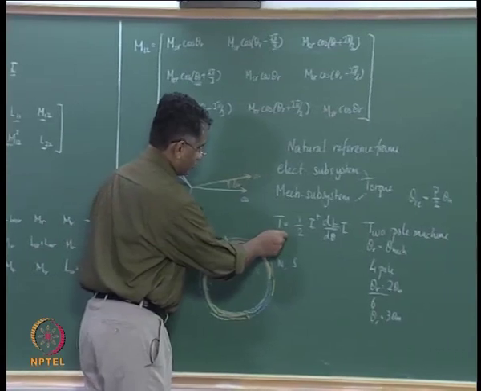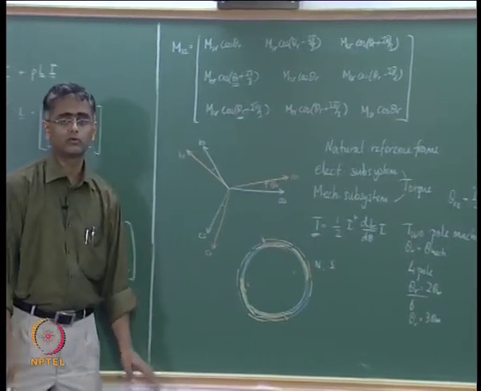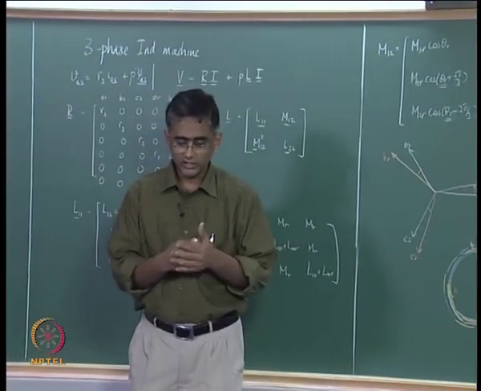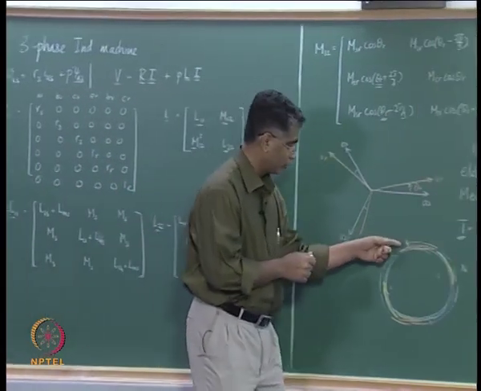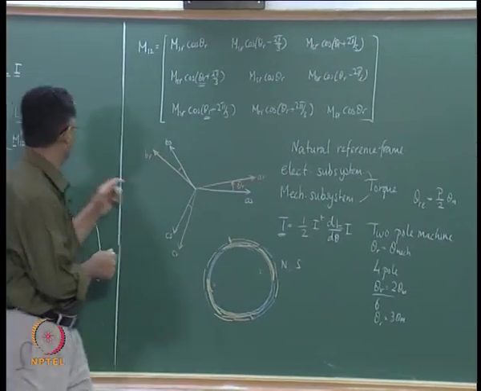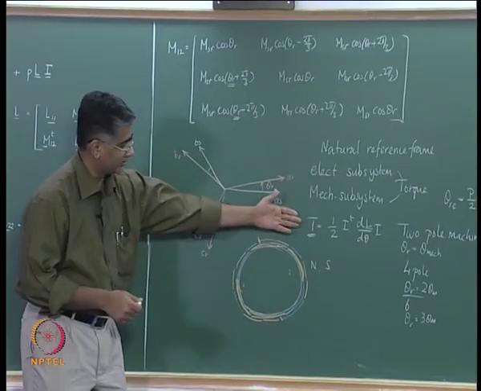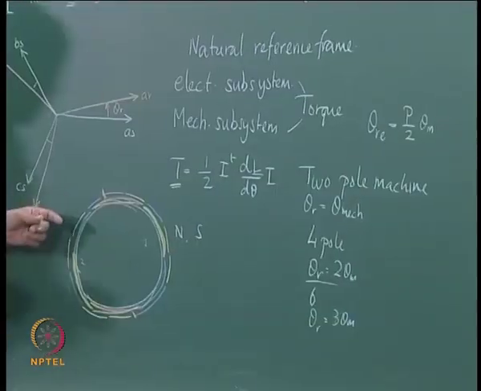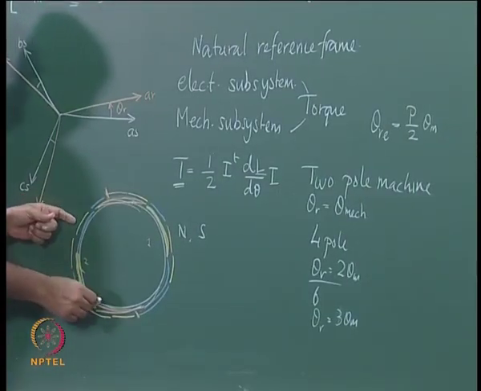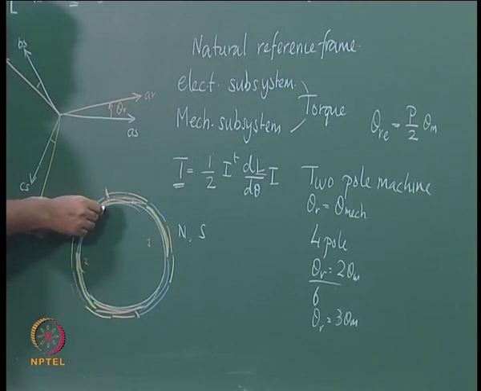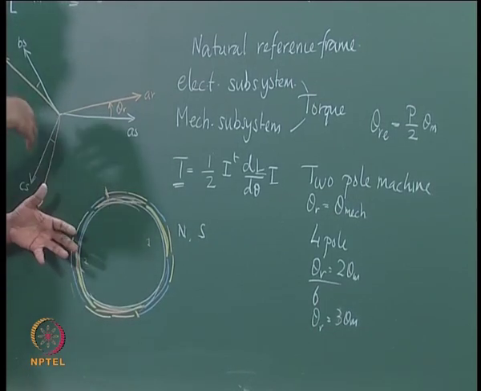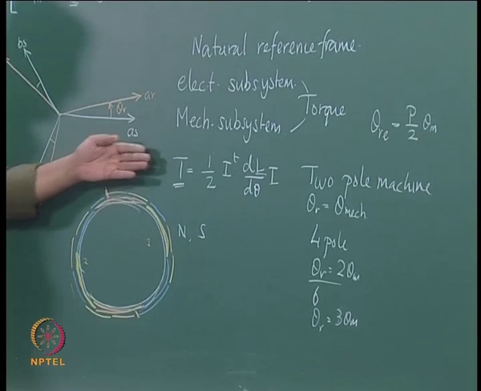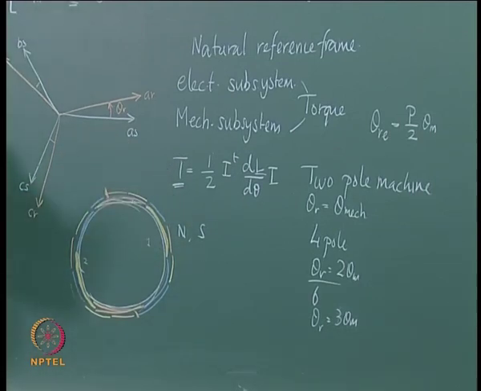What would happen to the expression for the generated electromagnetic torque? If it is going to be only a machine having 2 poles, you would get an expression like this, but if the number of poles increases, then the forces generated in the second set of poles are going to add to the forces generated by the first pole pair, and therefore the torque generated would correspondingly double.